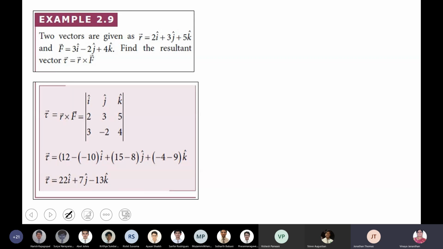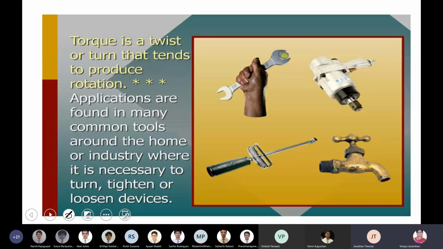Yes, ma'am. Okay. Next, it is torque. Please write a new concept, what we call torque. Generally, what do you mean by torque? Torque is nothing but a force which is capable of rotating a body. Torque is a twist or turn that tends to produce rotation.